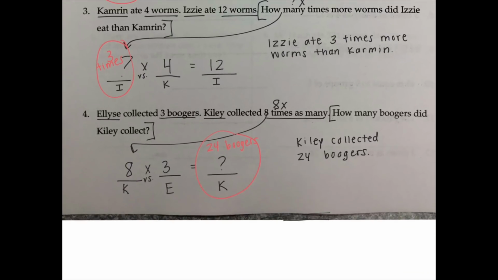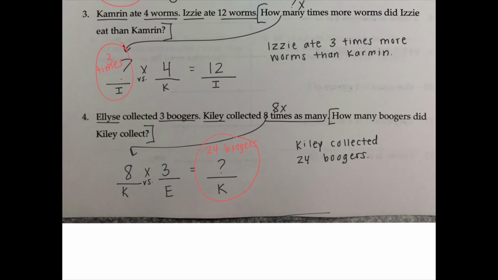Number 4. Last one on this side at least. This one was about Elise and Kylie. So we had Kylie versus Elise equals Kylie, her real number here. They were collecting boogers. I'm not sure if that's grosser than worms or not. I'll let you decide.